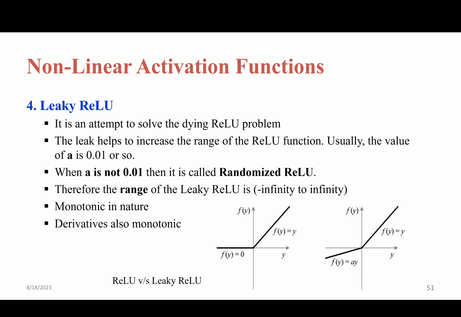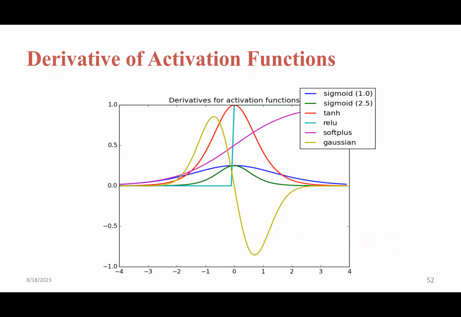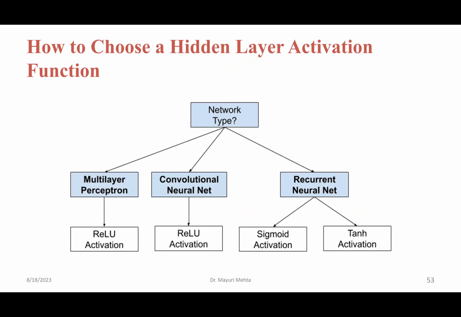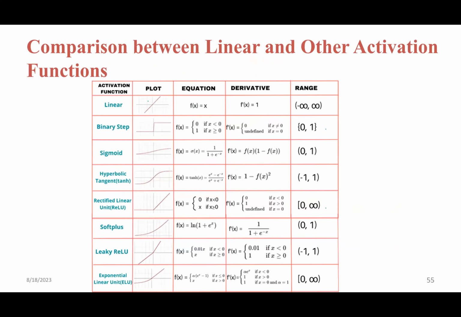Okay. Now, if we move further, here all these activation functions are plotted, and you can see the change and the range difference in all these activation functions. You can also notice the difference here in the cheat sheet, which I have included. You will find such cheat sheets online.